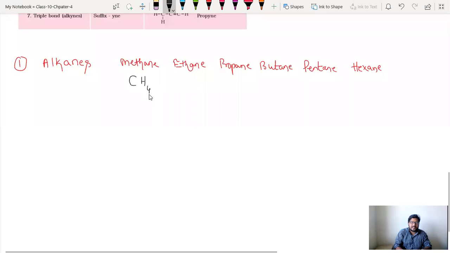Methane, CnH2n+2 with n=1, so it is CH4. Ethane, C2H6. Propane, C3H8. Butane, C4H10. Pentane, C5H12. Hexane, C6H14. So that is the first thing you should understand. And what is the second necessary thing?